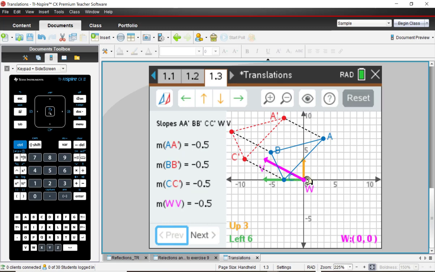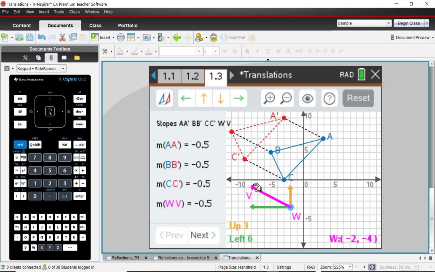So watch what happens when I grab W and place it on C. Look where V goes. W on B, look where V goes. And on A, look where V goes. And so all 4 of those segments are parallel there. They have the same slope.